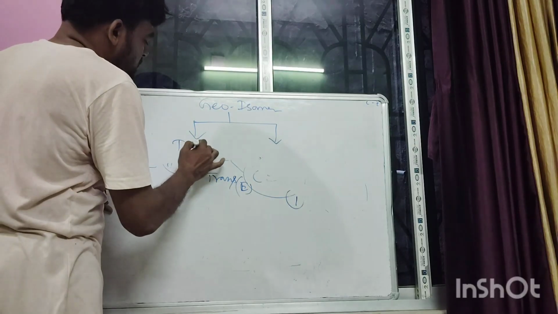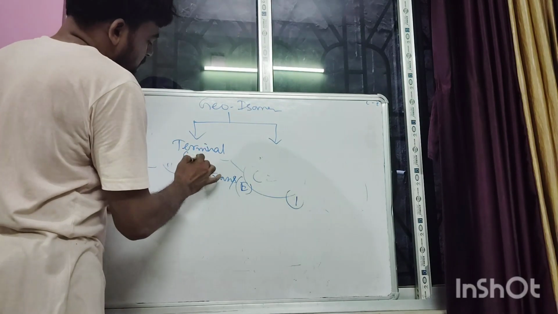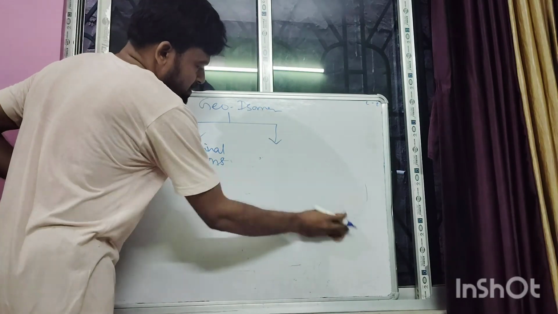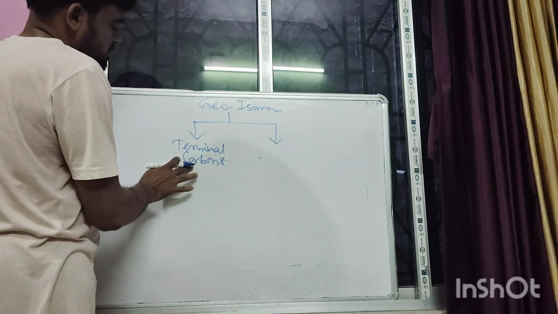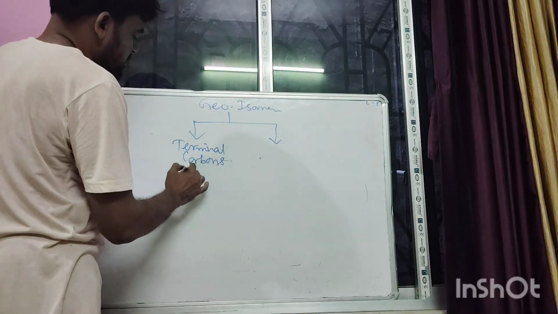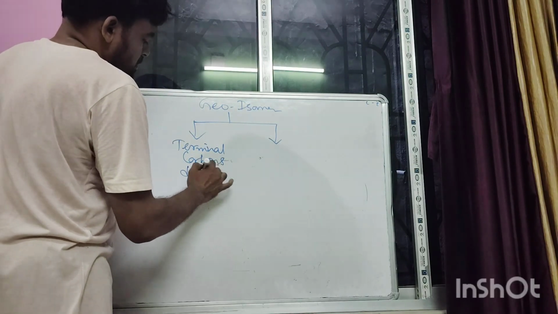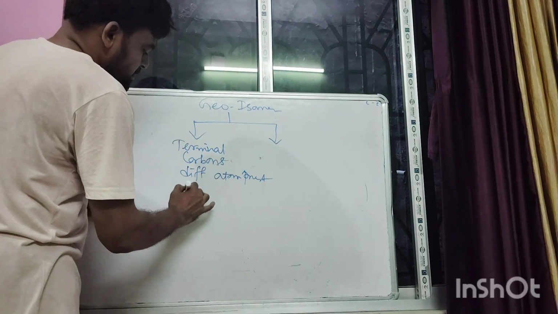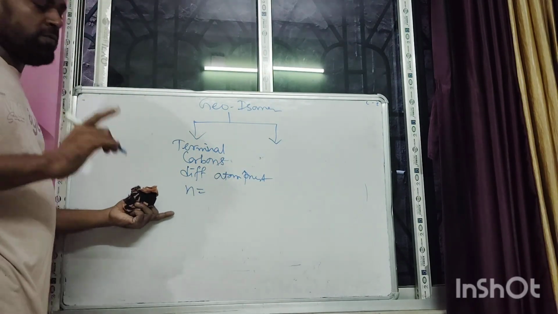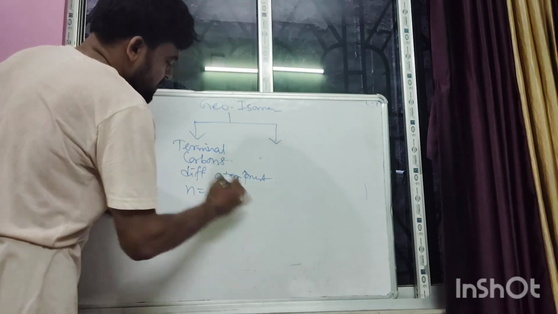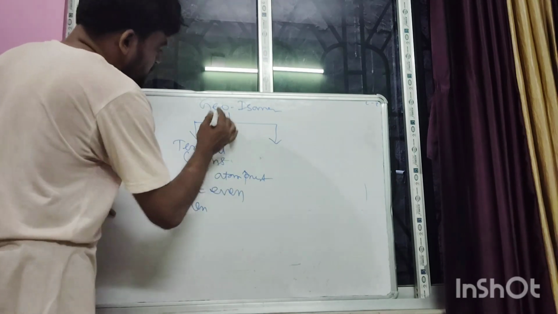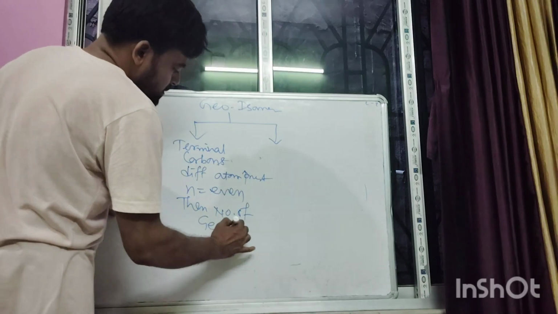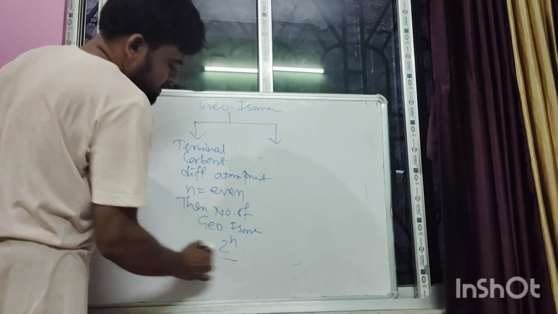If the terminal carbons have different atoms present, and n, the number of double bonds present, is an even number, then the number of geometrical isomers is 2 to the power n.